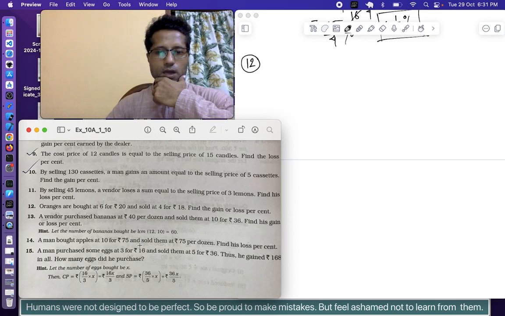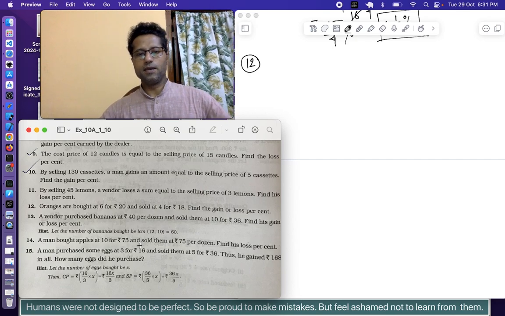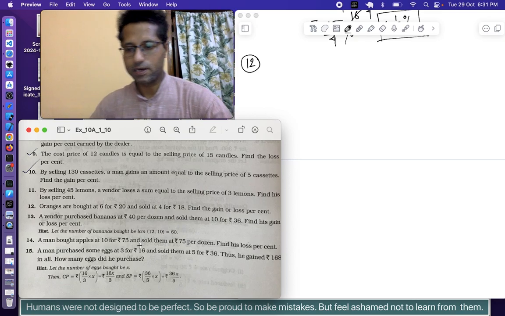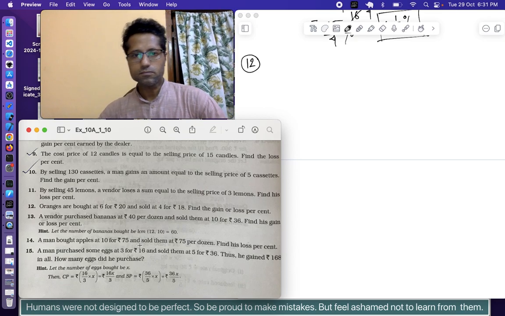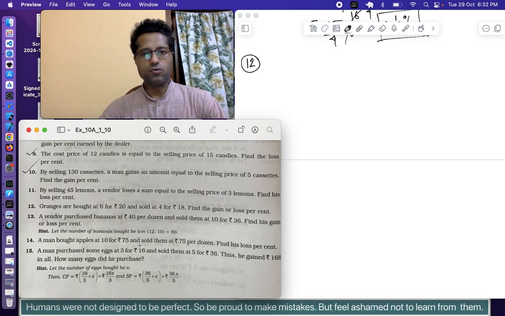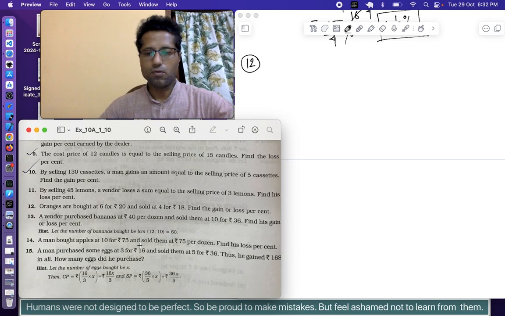Please remember that the gain or loss is based on the selling price and cost price of an equal number of articles or commodities. If you have to find the gain, then you have to know the selling price and cost price of the same number of articles.